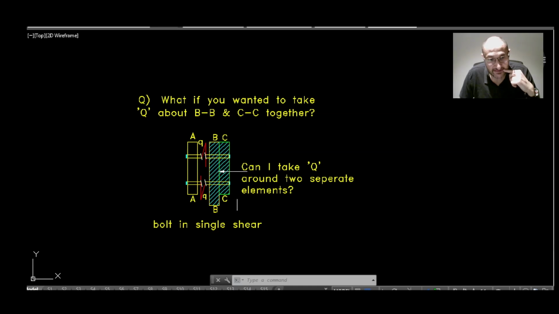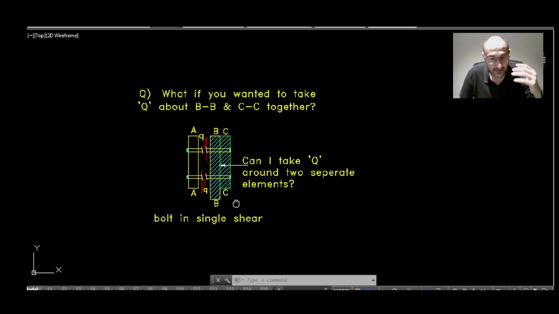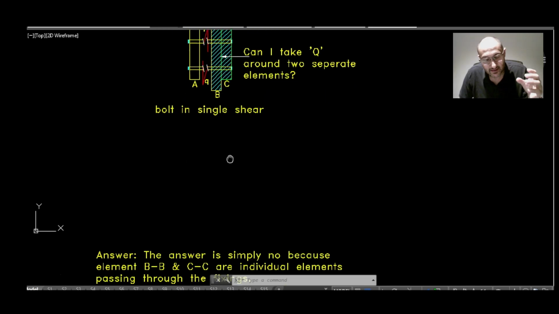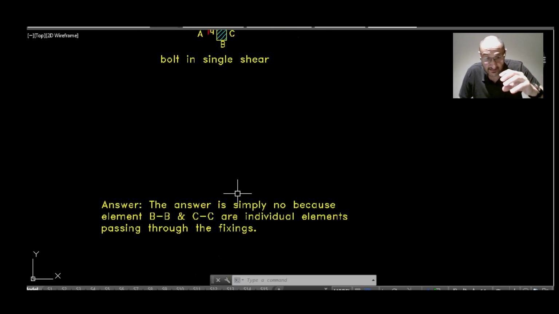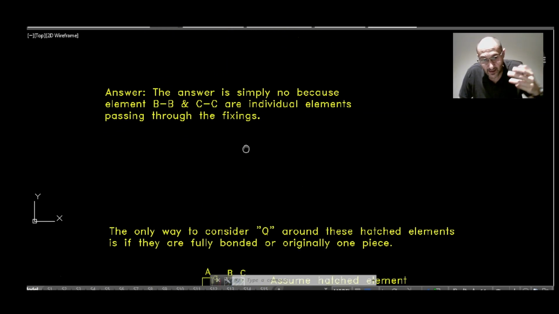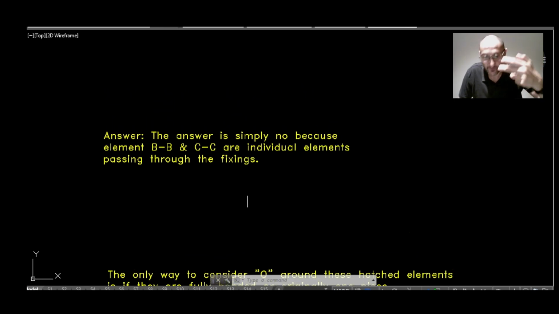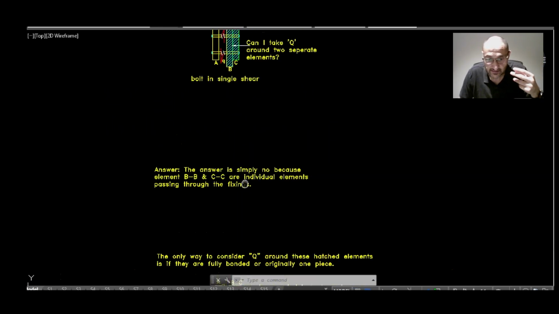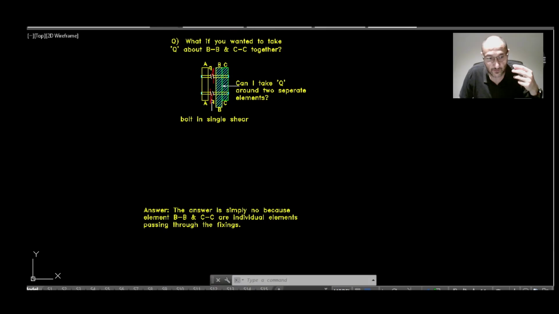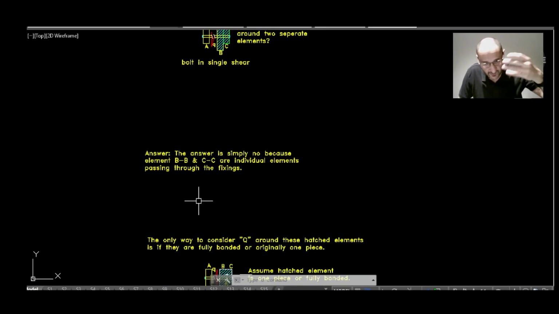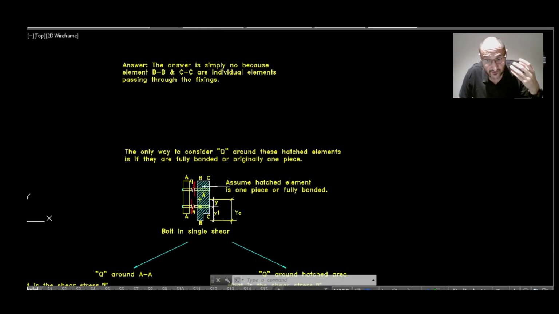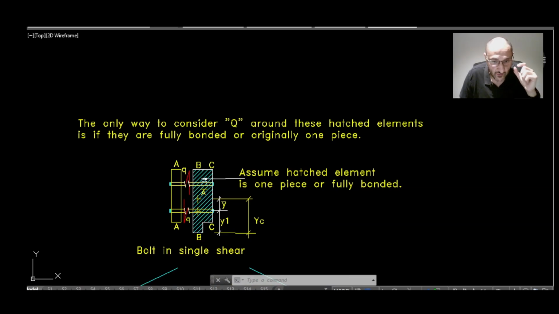The simple answer to this question is no, because elements BB and CC are individual elements, and the fixings are passing through these individual elements. So the only way to consider Q around this hatched area is if they are fully bonded or originally in one piece.